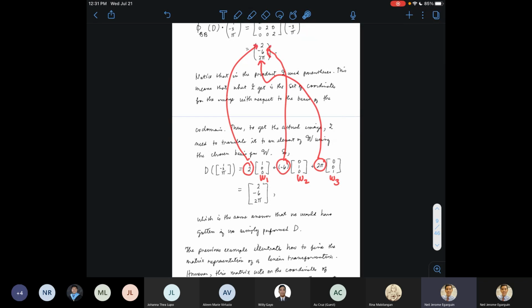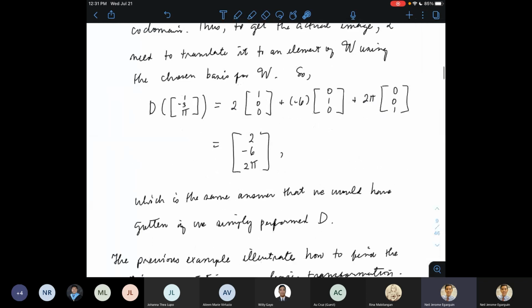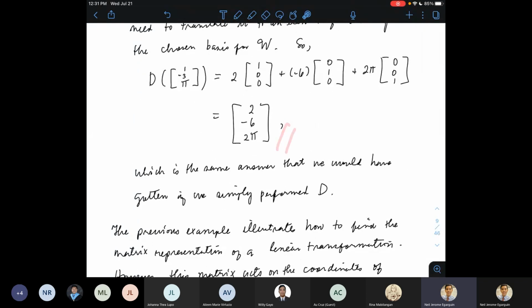Right? Tapos ginamit ko silang multiplier dun sa W1, W2, and W3, which came from our choice of basis. And once we do the multiplication, we get the expected output. So that means we have computed D of V using the matrix representation, even without knowing that D is a doubling operator.